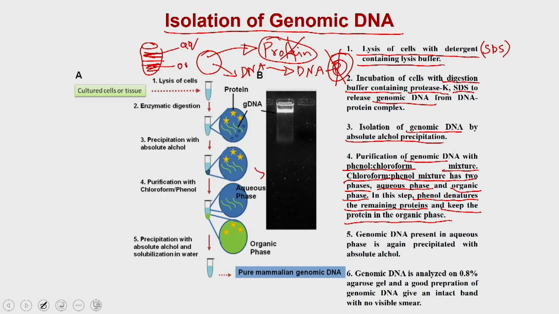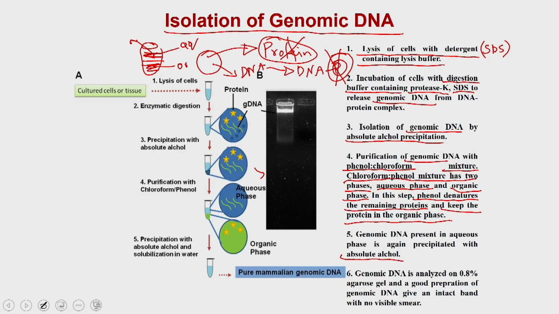What you can do is remove this aqueous phase from the top, store it in a different Eppendorf, and then precipitate this DNA again using absolute alcohol.